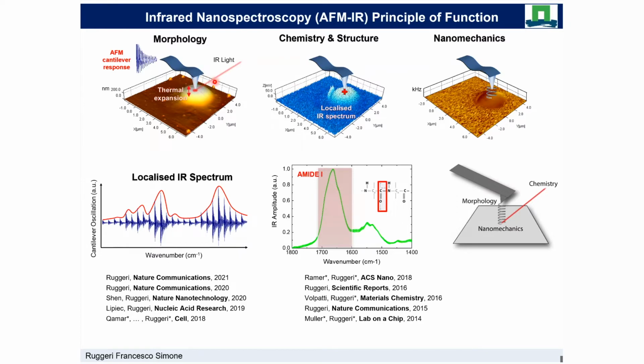This expansion can be measured by the cantilever in contact with the sample, and this response is proportional to the IR absorption. So this means that if we measure this response at every pixel of our map, we obtain a chemical map. Then, since AFM is also very sensitive to mechanical properties, we can simultaneously have a nanomechanical map.